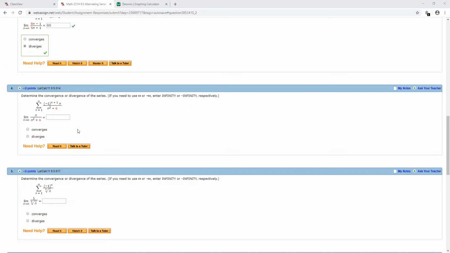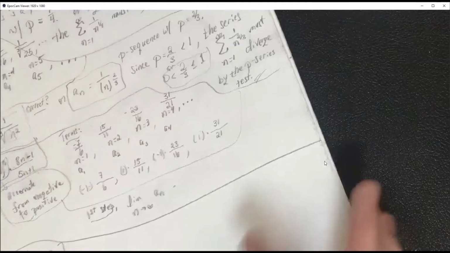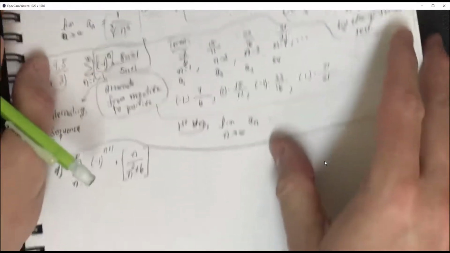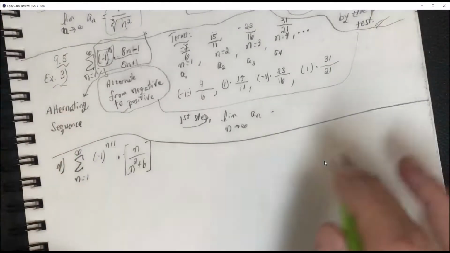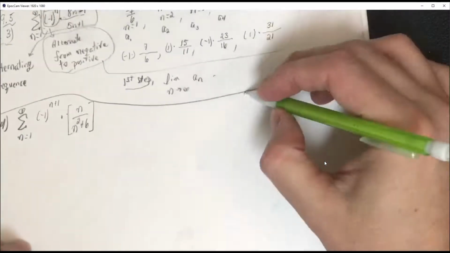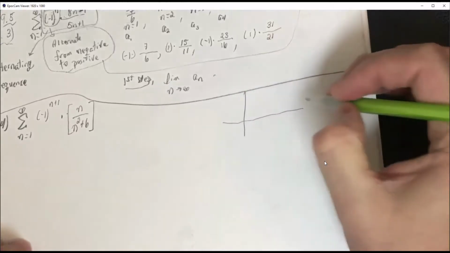Notice the author writes this part. That's that first step that we're always supposed to check. So which of the alternating possibilities is it going to be?